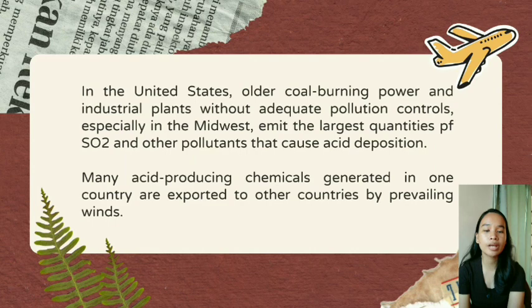Many acid-producing chemicals generated in one country are exported to other countries by prevailing winds. For example, acidic emissions from the United Kingdom and Germany blow into Switzerland, Austria, Norway, and other neighboring countries.